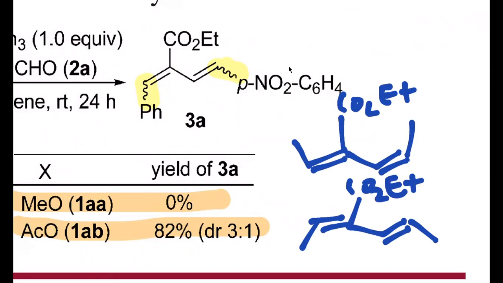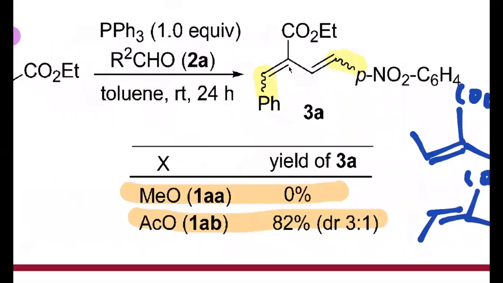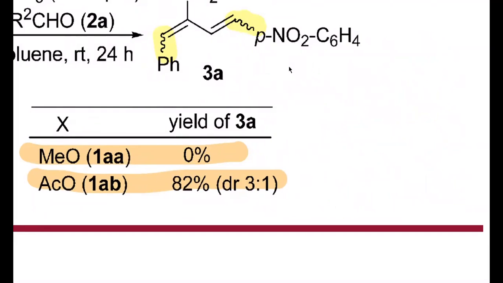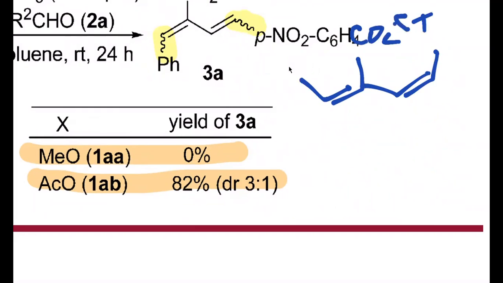They have those double bonds undefined for a reason, because you can get more than one product.